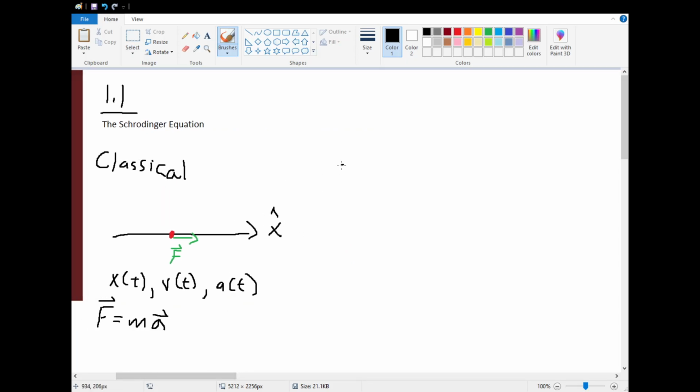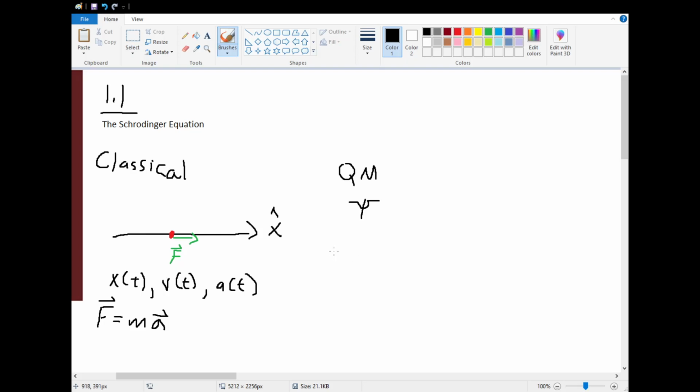So in quantum mechanics, my analog to my three parameters, position, velocity, and acceleration, is a quantity known as the wave function psi. What psi actually is, I will describe in a later section, but for now, let's just consider it as this mystery quantity that is the quantum mechanical analog of these three values.